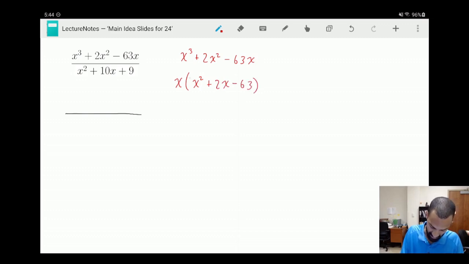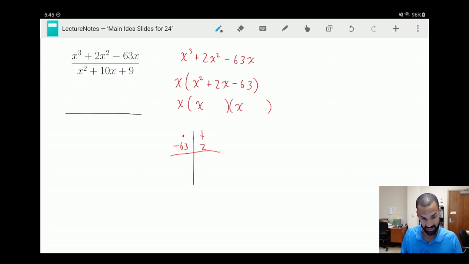Now, I don't have a number besides a 1 in front of that x squared, so I am going to see what two numbers multiply together to be negative 63 but add together to be 2. If I find those two numbers, I can jump straight to my final answer. Remember, that's allowed whenever there's a 1 in front of the x squared.